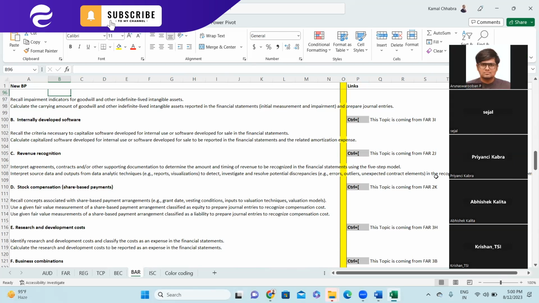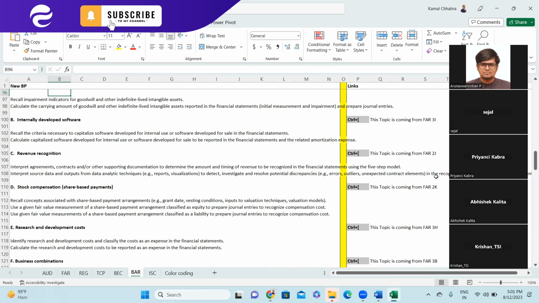Go back to your audit files and look for the ASC 606 memo. I would request you to go through that. You will get an understanding of what ASC 606 is all about. But no worries, we'll study the complete 5-step model of ASC 606, which is called revenue recognition, in detail.